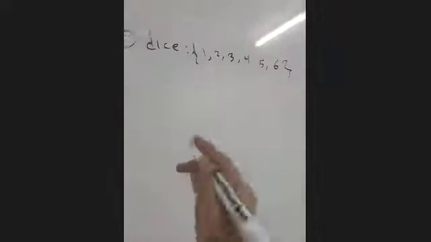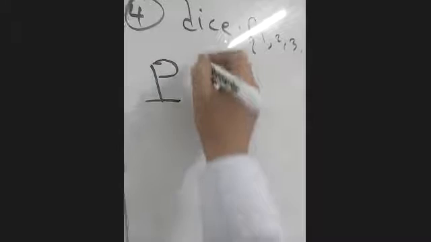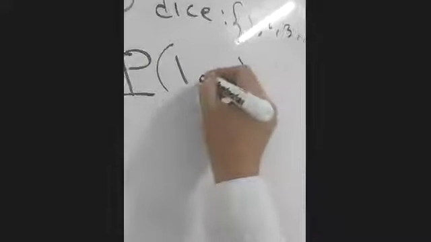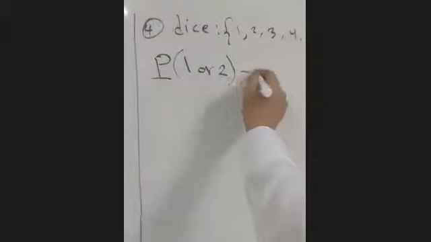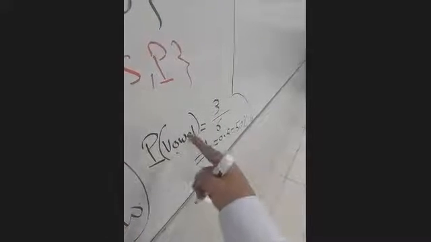Continue. Determine the theoretical probability of rolling 1 or 2. So the question wants us to find the theoretical probability P of having 1 or 2. What is the theoretical probability? We said with Abdullah a little while ago, it is the number of the event over the whole, right?